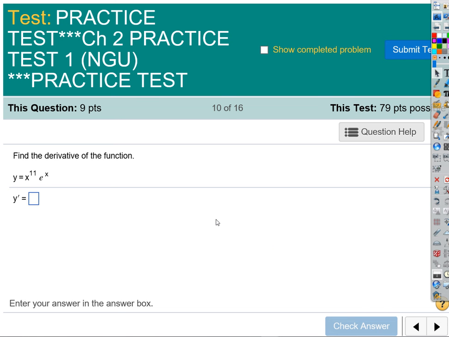Okay, so what about this one? Now, here's where you gotta look at this. This is a little different, right? What's the rule we have to apply here? Gotta apply product rule, because I've got a product of two functions. So let's write down the product rule first.